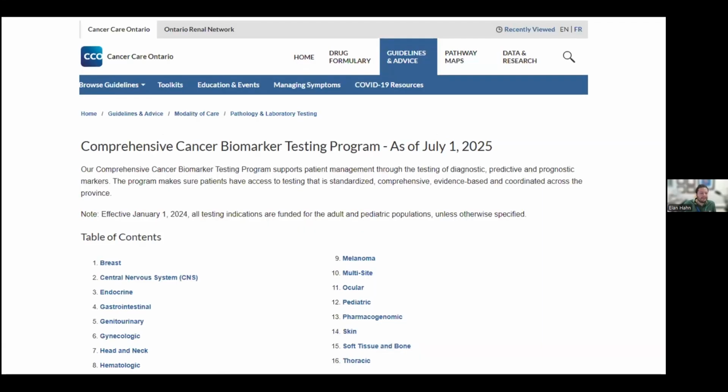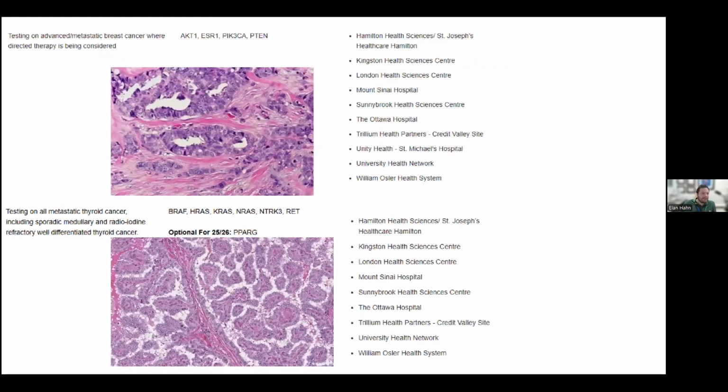And this is just a list of all the different indications in different tumor types, what the targets are, so what you should be looking for in testing indications, and what centers perform these tests. So here, for example, there's advanced metastatic breast cancer where directed therapy is being considered, looking for mutations in AKT1, ESR1, PIK3CA, and PTEN, with a list of institutions.